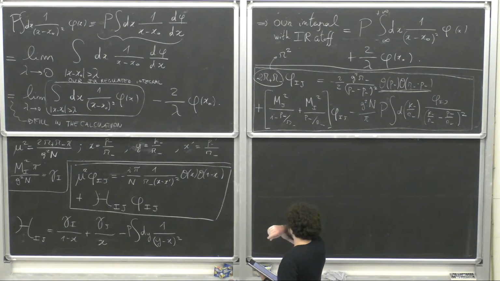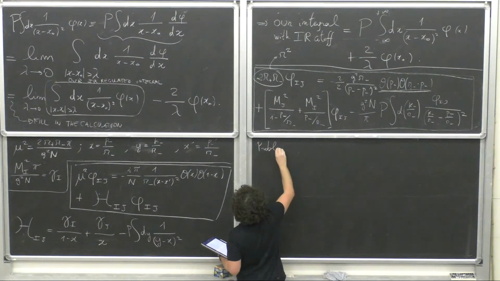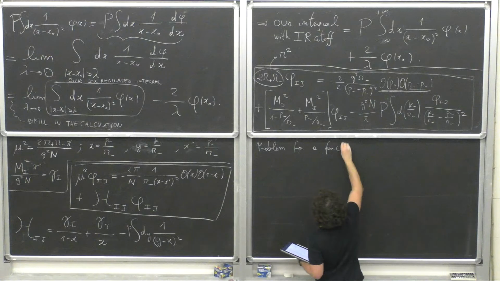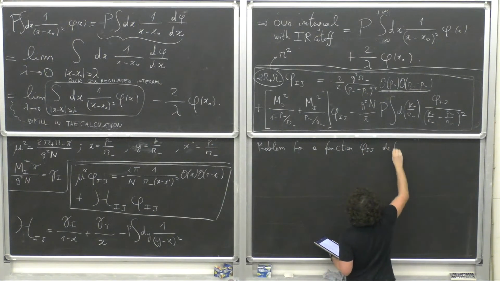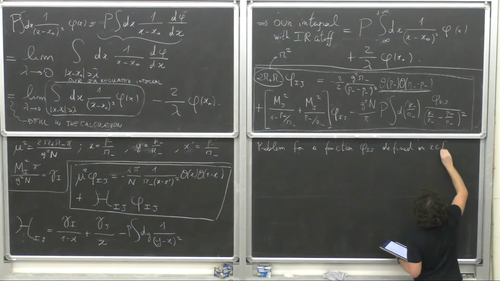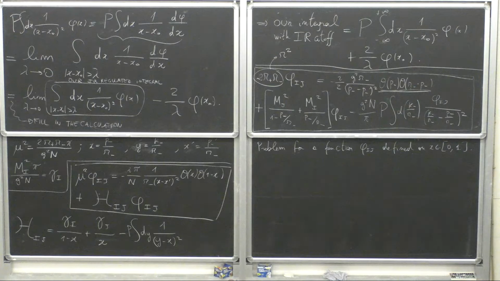Now we can imagine this as a problem for a function phi defined on x between 0 and 1. That's our function.